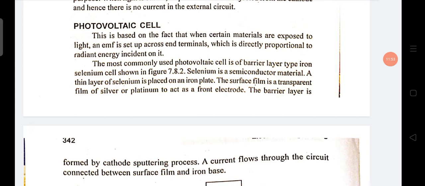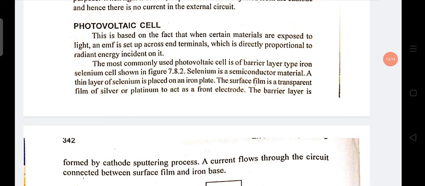You can consider the photovoltaic cell like a solar cell. A solar cell has a material such that when sun radiation falls on it, the two ends of that material have an EMF, meaning electromotive force.